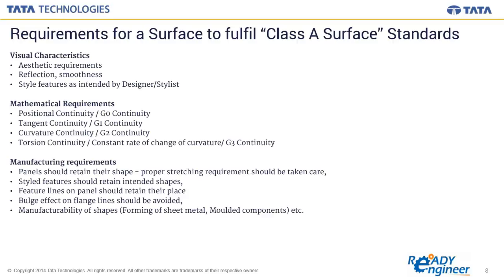In visual characteristics, it has to have all the aesthetic requirements the designer wants: reflection, smoothness, and all the style features the designer needs. Mathematically, it has to be position, tangent, curvature, and torsion continuous. And from the manufacturing point of view, the panels should retain their shape and the feature lines should retain their shape. There should be no wrinkles.